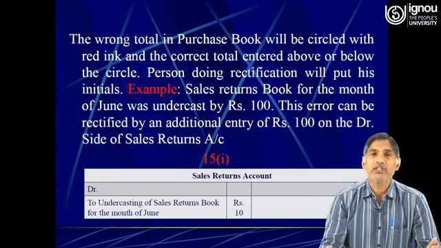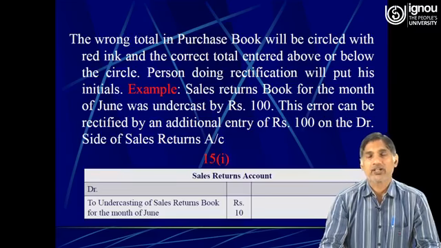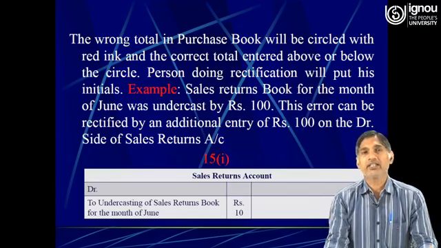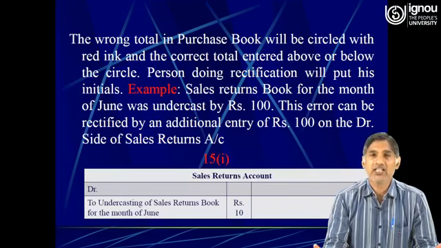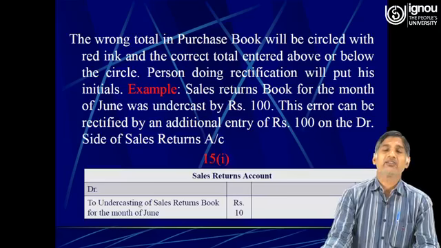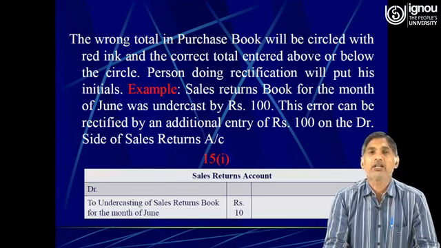So here we need to understand the sales return journal entry. So dear friends, when we make a sale to our customer, generally we make the journal entry cash account debit to sales if the sales has been made on cash basis, and if the sales has been made on credit basis, then we debit the customer's account, so the journal entry would be customer's account debit to sales rupees 100.